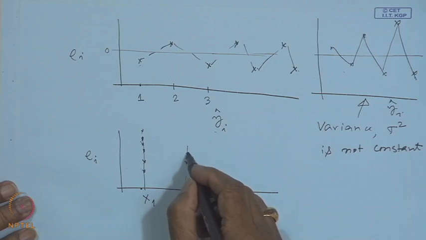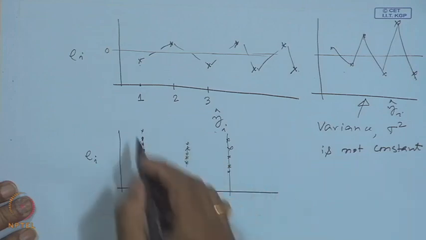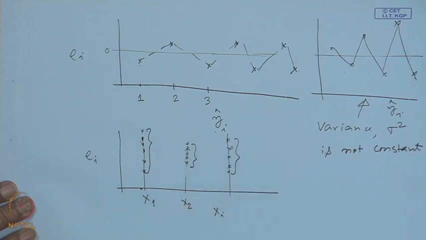For this it may be here, for the third you may see it here. So, basically the deviation would indicate how far e_i depends on x_i. So, these are the different ways by which the normality is judged, the independence is judged and the constant variance assumption is judged.